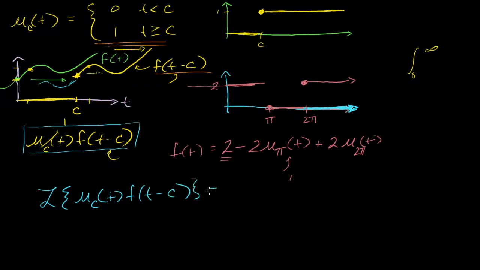Well, the Laplace transform of anything, or our definition of it so far, is the integral from 0 to infinity of e to the minus st times our function. So our function in this case is the unit step function, u sub c of t, times f of t minus c dt.